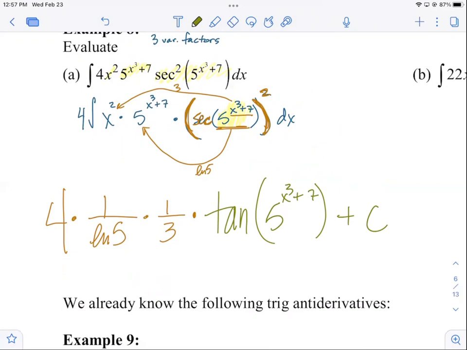Take the derivative to verify if you want. Don't forget the plus c, don't forget the plus c, don't forget the plus c. Okay. See, so not as bad as it would have been if we had tried example 2 right off the bat.